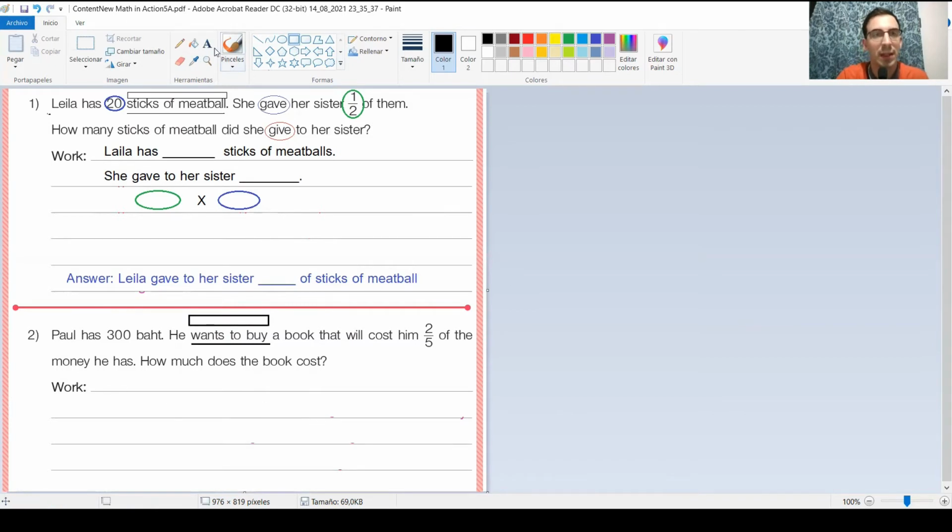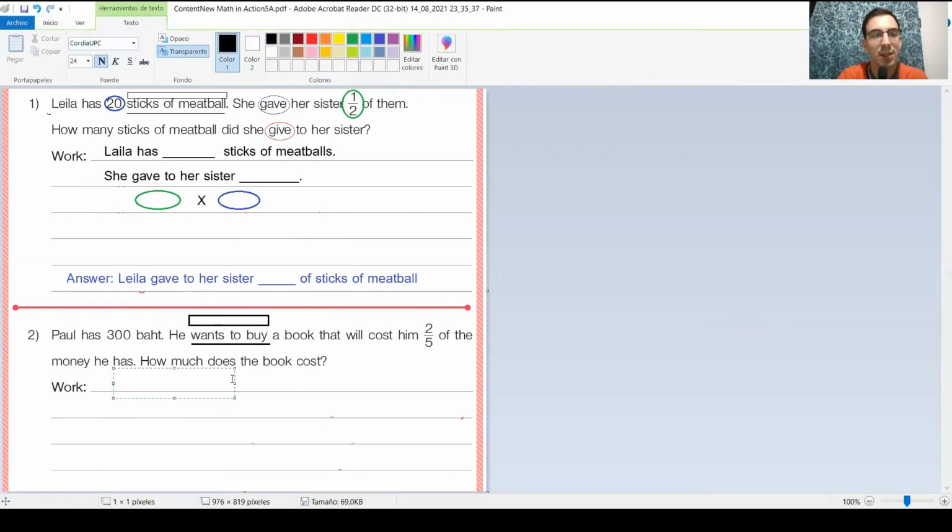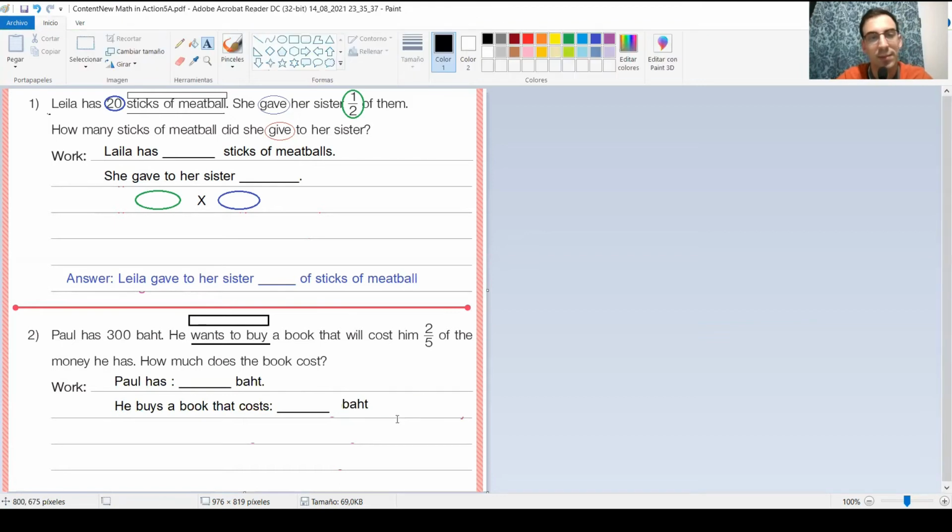Okay, so let's develop the problem first. Let's clarify how much money Paul has. Paul has... but after he buys a book that costs... baht, right?